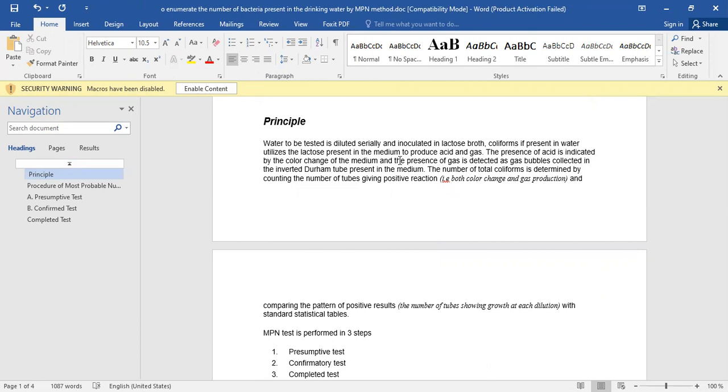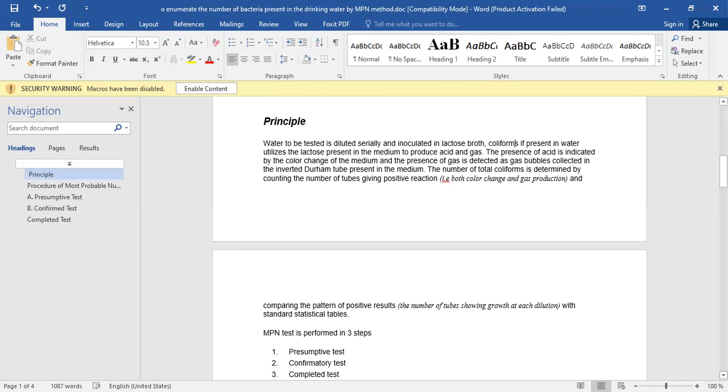So lactose is used as the substrate by the microorganism, and if the lactose is used, it indicates that there are coliform bacteria. The presence of acid is indicated by the color change in the medium, and the presence of gas is detected as gas bubbles collected in the inverted Durham tubes present in the medium. The number of total coliforms is determined by counting the number of tubes giving positive reactions.